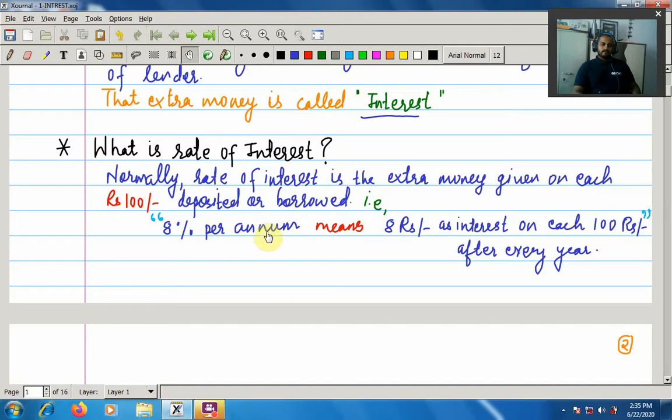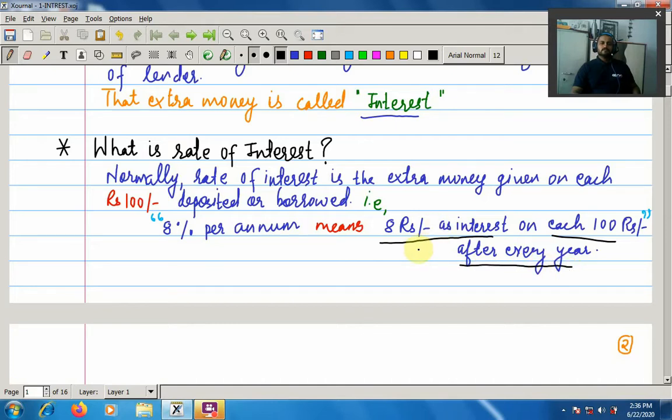Suppose 8% per annum. This is the rate of interest given on fixed deposits. What do we mean by 8%? This means 8 rupees as interest on each 100 rupees, and that is calculated for only 1 year.